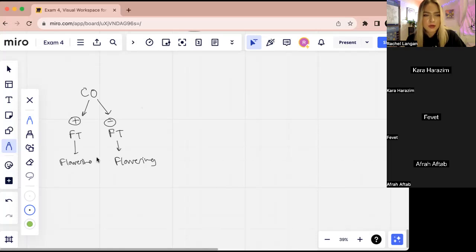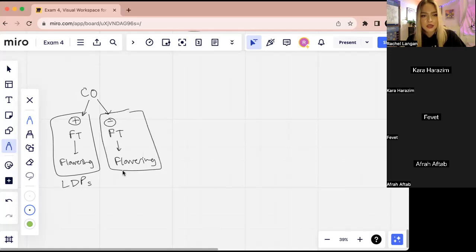So what do I mean? This CO protein, this Constans protein, does exactly opposite things. When does it do which of those things? It acts as an activator in long day plants. And it acts as a repressor in short day plants.